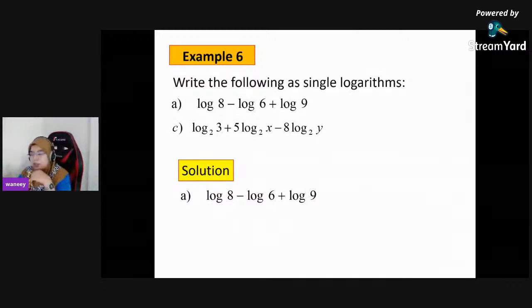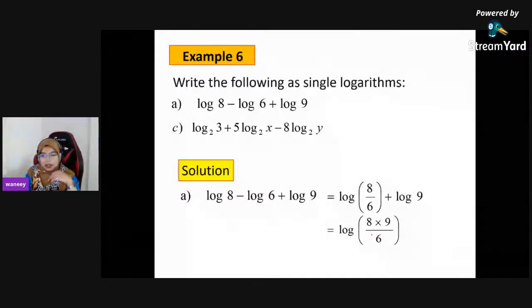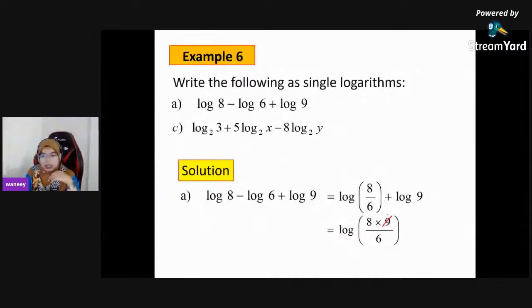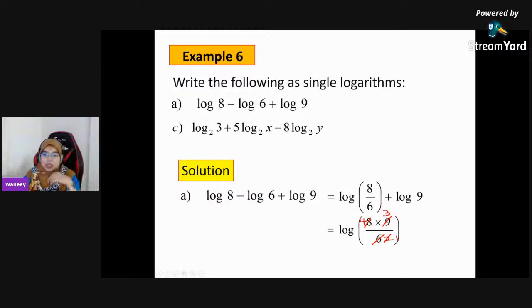And then in front, you should write down log. So log of 8 over 6 times 9. And then you should simplify them. So 9 and 6, this is 3, this is 2, 1, and 4. So this is 4 times 3, which is simply equal to log of 12.